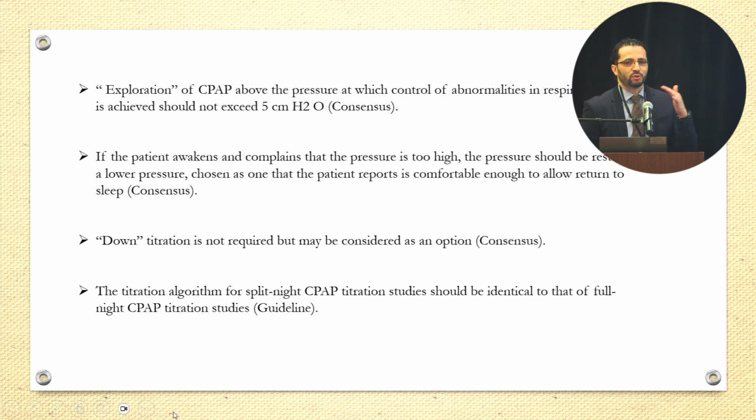So you try to explore whether a higher CPAP than what you achieved will cause your patient to sleep better. You've eliminated your apneas, hypopneas, and snoring, and you're still allowed to go up a little bit to see if the patient will sleep better, but don't go up more than 5 centimeters of water pressure.